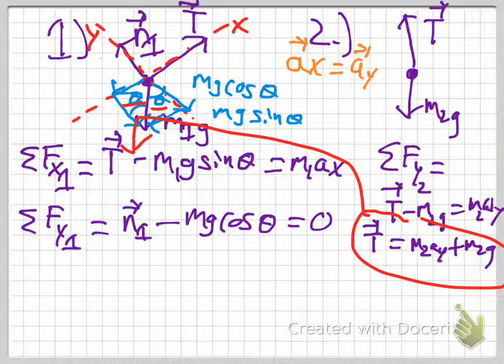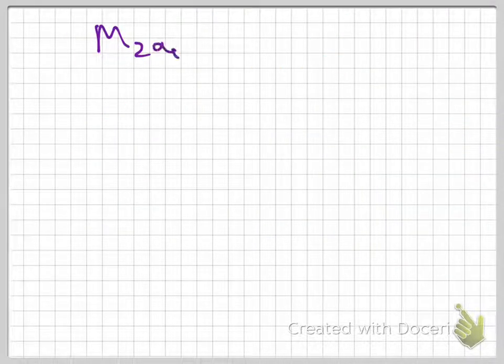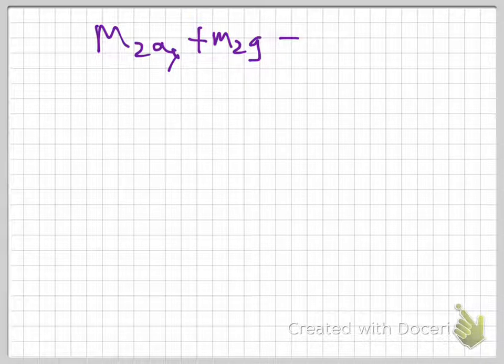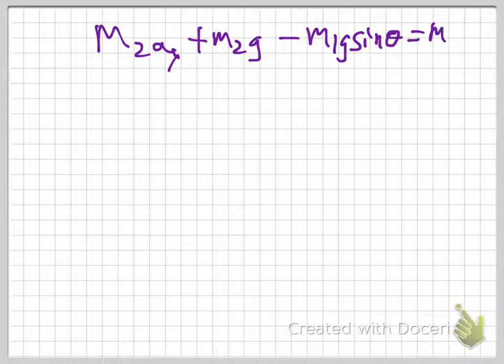So that gives me m2ay plus m2g minus m1g sine theta equals m1 ax.